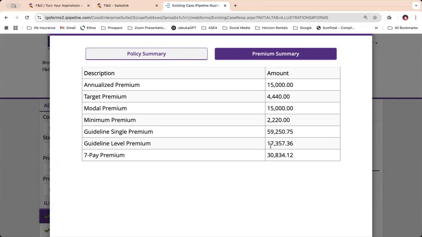You cannot put 18, because it's going to go over the MEC. So we need to look at the guideline level premium. Also, if you go over, it's going to recalculate for you based on the level so that you don't violate that.